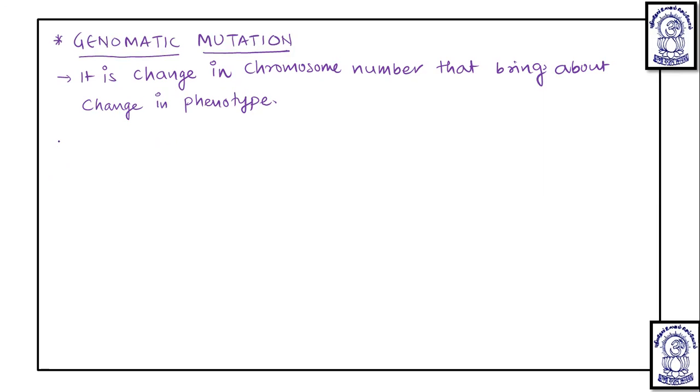Actually, it is of two types. Number one is aneuploidy.